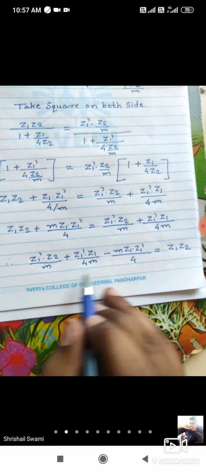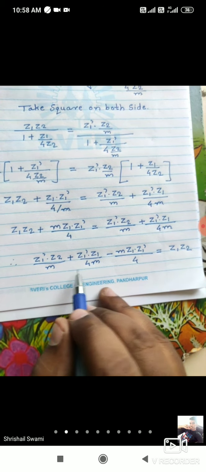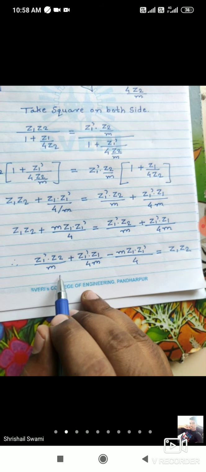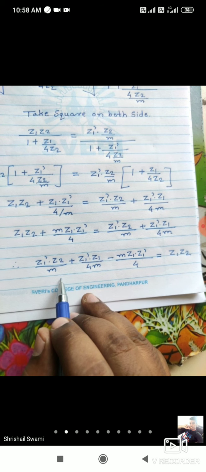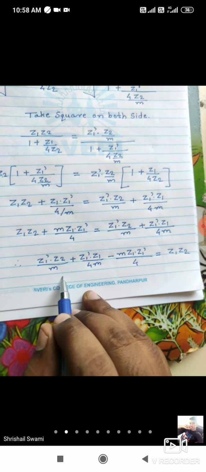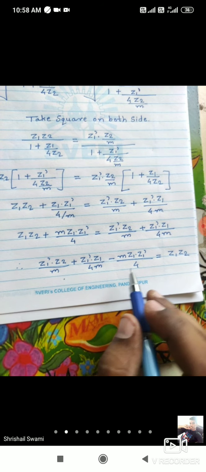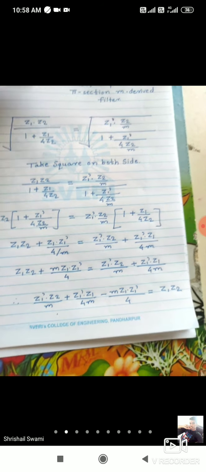Okay, so what can we take common here? Can you take 1/4 common? If you take 1/4 common, I will tell what the changes are. Take 1/4 common and take Z1 dash common. So 1/4 into Z1 dash.